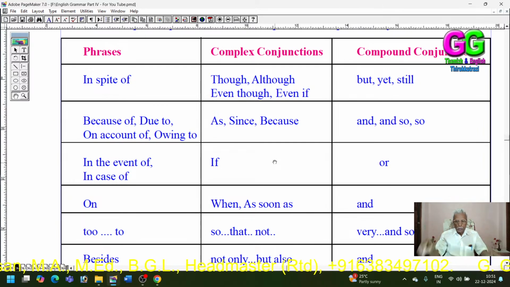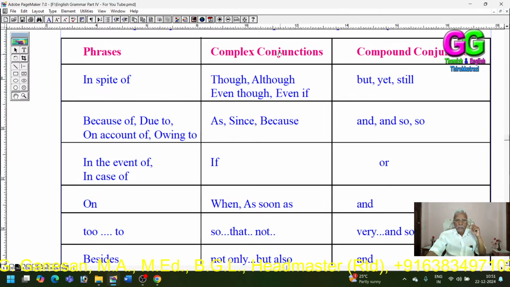So, take this tabular column into your memory. It should always be with you. Whenever you call them, they should come to your use.